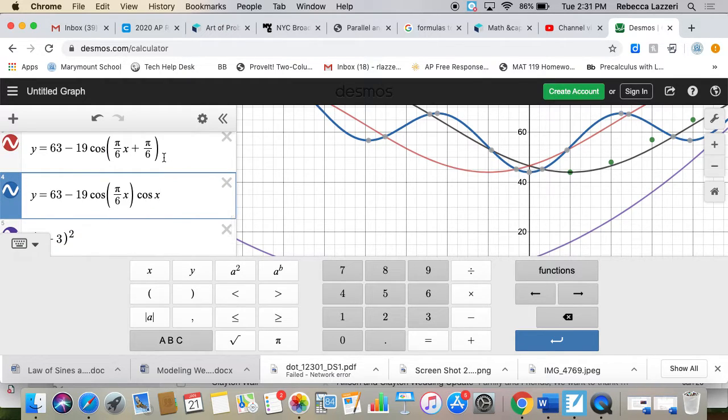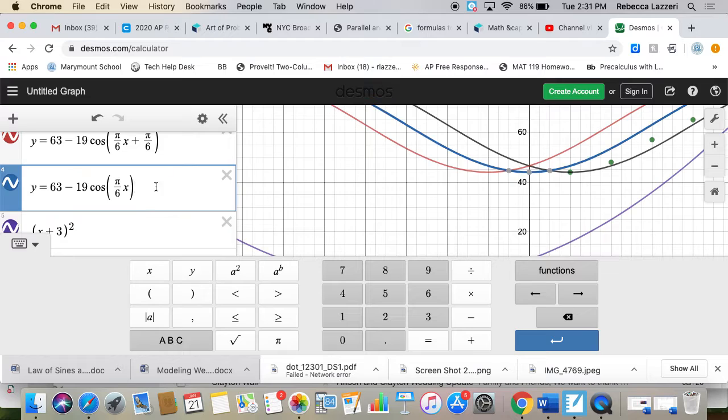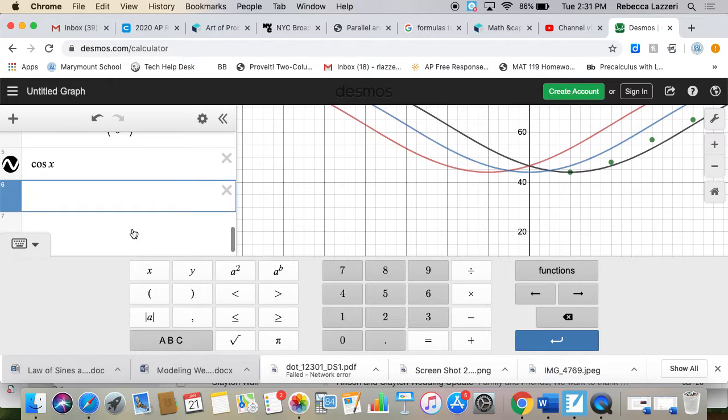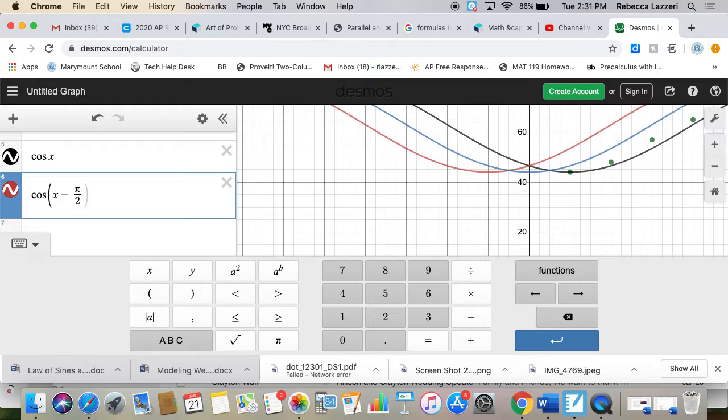Oh, that's weird. That's interesting. And cosine x minus pi over 2.